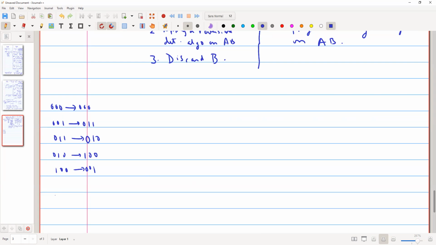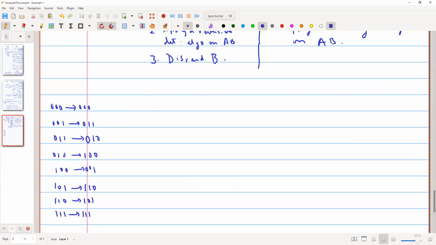What remains? 101 goes to 110, 110 goes to 101, and 111 can only go to 111. So here's a permutation. Let us say my reversible deterministic algorithm working on the system AB, which happens to be described by 3 bits, does this permutation.